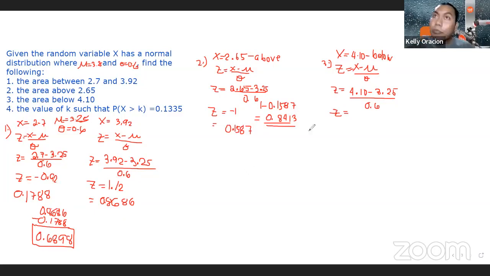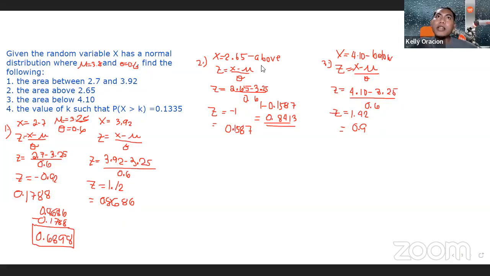1.42, very good. It is rounded off, so the z-score is 1.42. And what is the tabular value of 1.42? 0.9222.